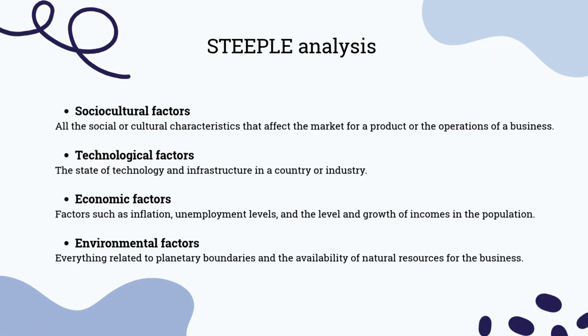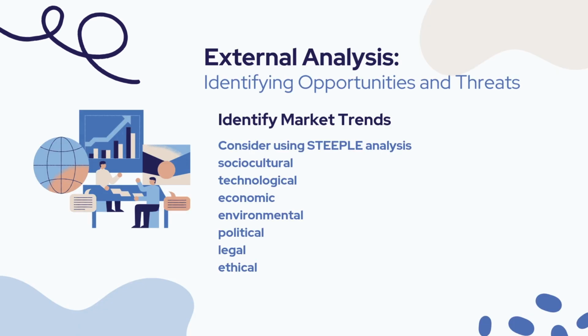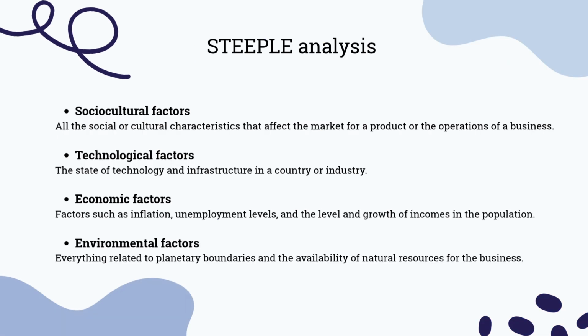In social cultural factors, there can be opportunities and also threats. To mention it again, all 8 factors include opportunities and threats, and we'll be talking about all these factors.